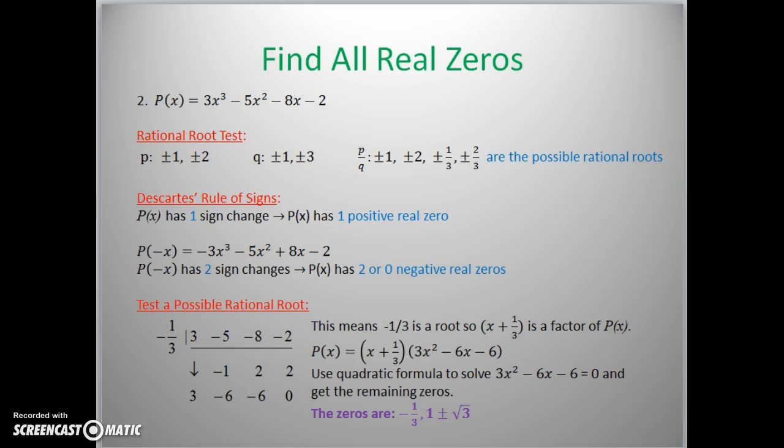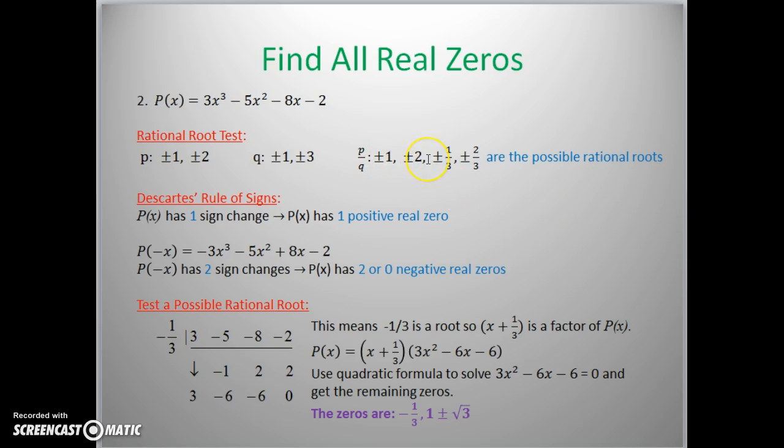Counting sign changes in p of x, we again have one sign change, which means we have one positive real zero. P of negative x has two sign changes, which means that p of x has 2 or 0 negative real zeros. So again, I have to use that information to decide what I want to try first. And again, maybe you want to try integers first.